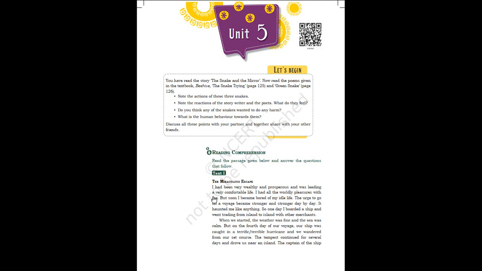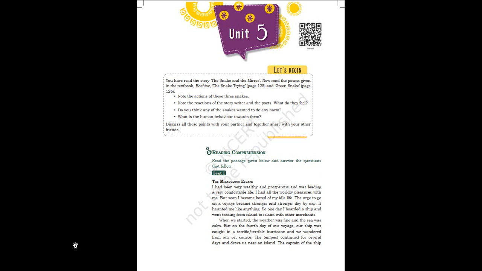I had been very wealthy and prosperous and was leading a very comfortable life. I had all the worldly pleasures with me, but soon I became bored of my idle life. The urge to go on a voyage became stronger and stronger day by day. It haunted me like anything. So one day I boarded a ship and went trading from island to island with other merchants.